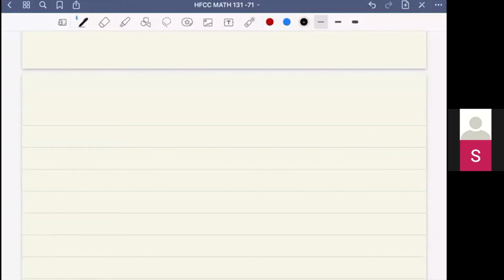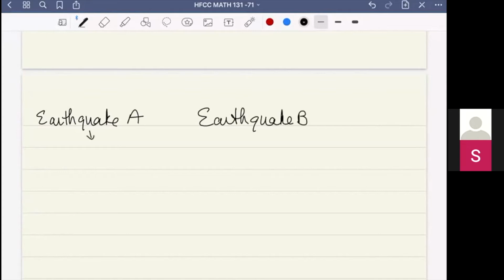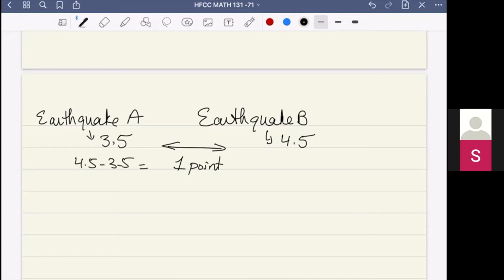So a little note that I want to mention here: let's say I have two earthquakes, earthquake A and earthquake B. Earthquake A had a measurement of 3.5 on the Richter scale. The other one had a measurement of 4.5. If I want to compare them, it's a 1 point difference because 4.5 minus 3.5 equals 1.